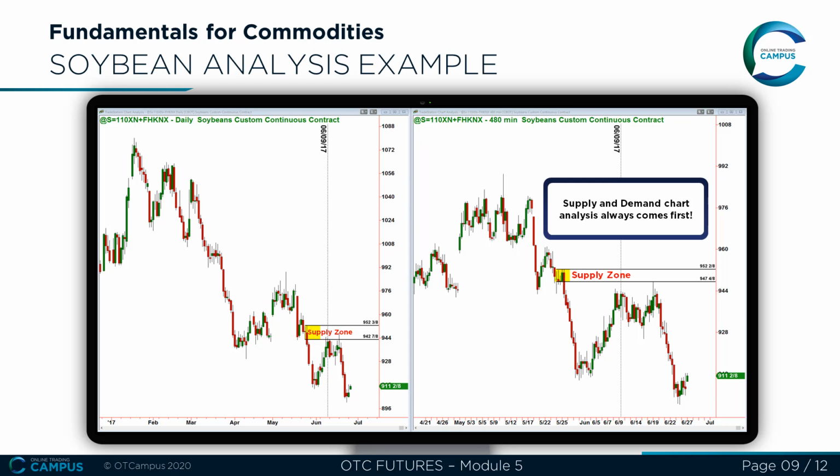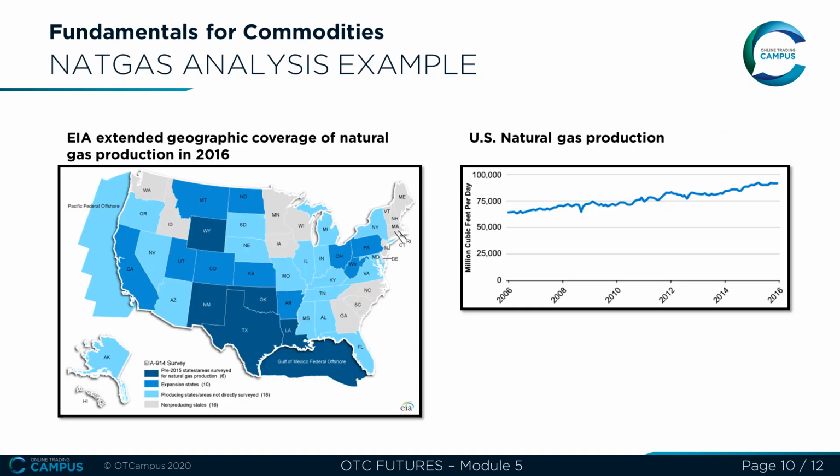Alright, so that's soybeans. Let's take another look here at a different example. Let's take a look at natural gas. This is a chart that shows where natural gas is being extracted most prevalently. So you can see New Mexico, Oklahoma, Texas, Louisiana, the Gulf of Mexico. Those are really the primary ones.